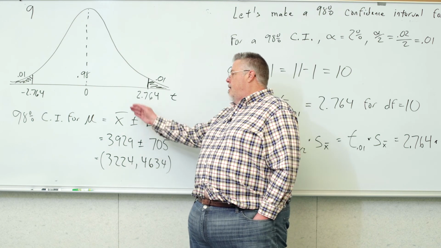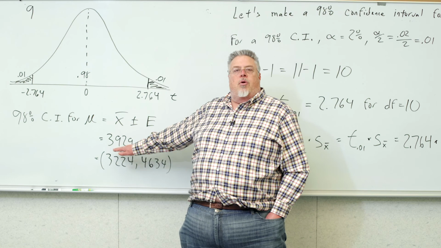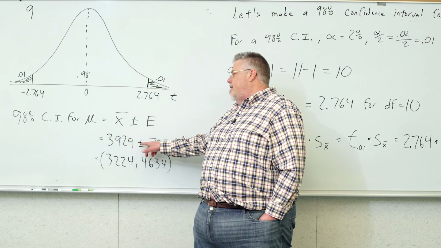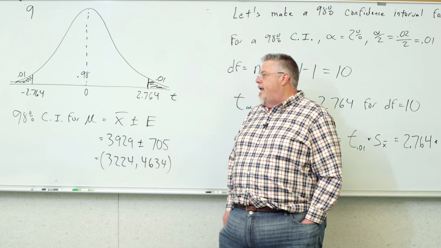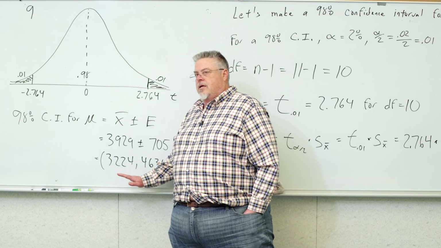Based on what? Here's what the average was for 11 hippos. We know this probably didn't nail the average for all hippos dead on, so we added and subtracted some error to it, said here's my interval, and I'm pretty sure that mu falls inside this interval.